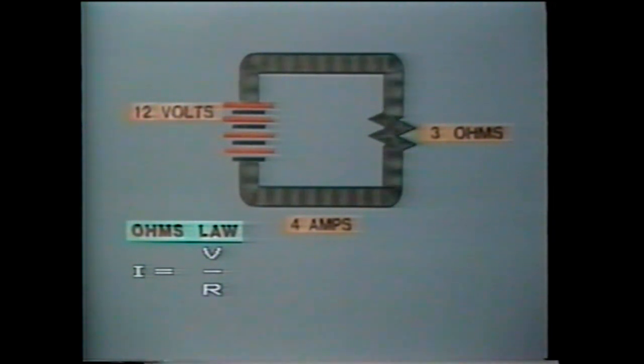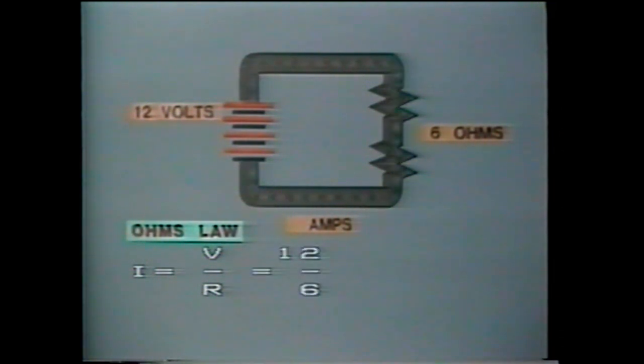But if we now insert another identical heater in series, we double the resistance from 3 to 6 ohms. Then current will equal 12 volts divided by 6 ohms, which equals 2 amps. Therefore, doubling the resistance and keeping the voltage constant cuts current in half.